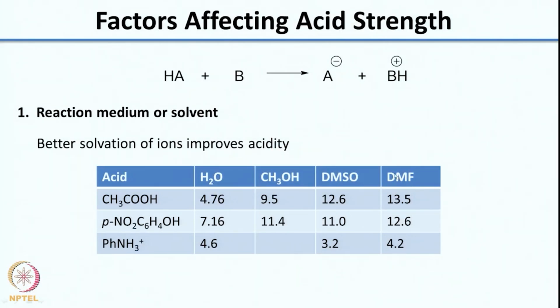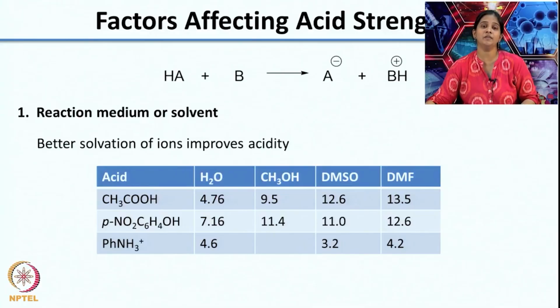So what is happening here? Remember the two guiding principles I told you? For a neutral acid, when you compare the acid strength, it is important to look at the stability of the conjugate base. If you have a solvent like water, which is very good at solvating your conjugate base, which is an anion, you would see that the acidity is improved.